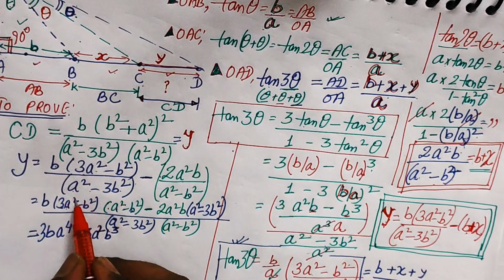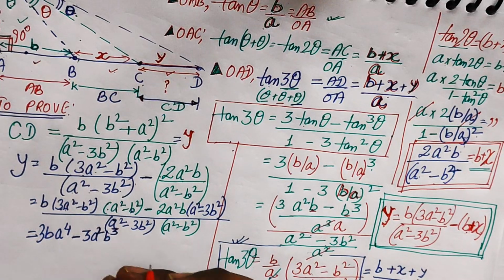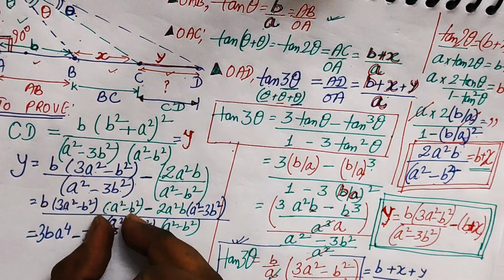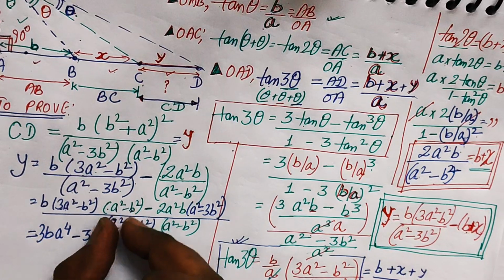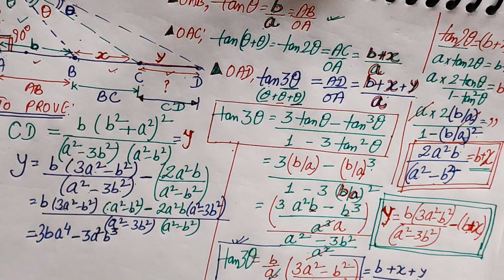How? This a square multiplied with this b square and again this b. Don't forget to consider this b because this is also multiplied with each of the two terms. So 2 and 2 will be giving you 4 terms over here, right?